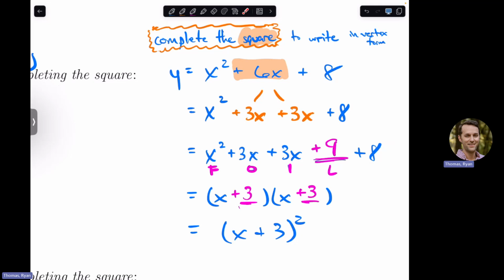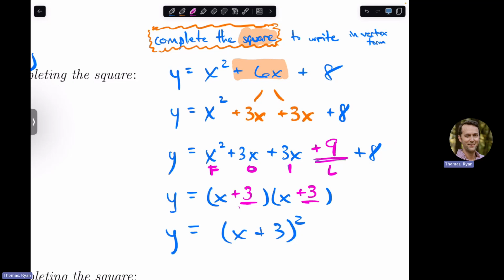So what do I do? I can't just have that extra 9 in there without changing whether these things are equal or not. If I add 9 here, where does it come from? That's the same y all along, right?